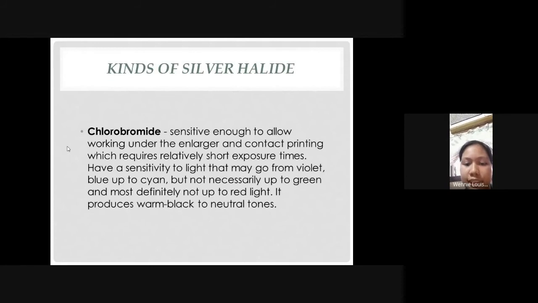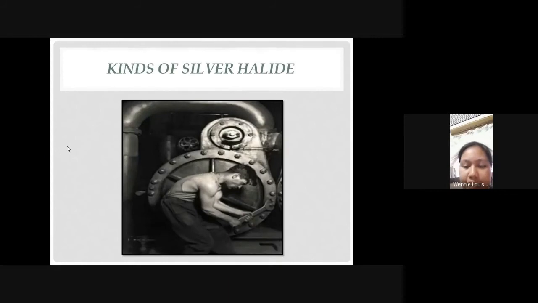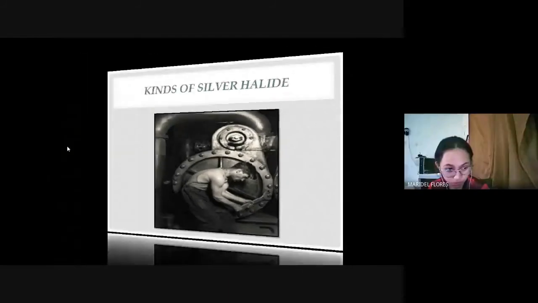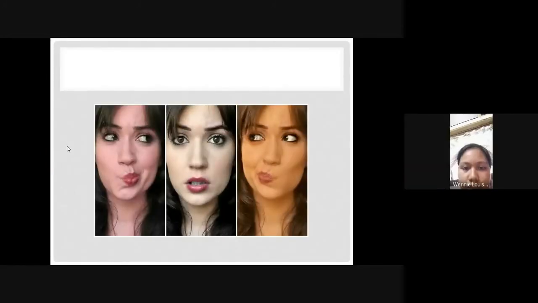Next picture. Just like this. Next. So, this is an example of the three kinds of silver halide.